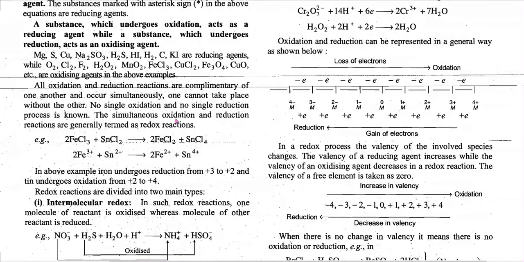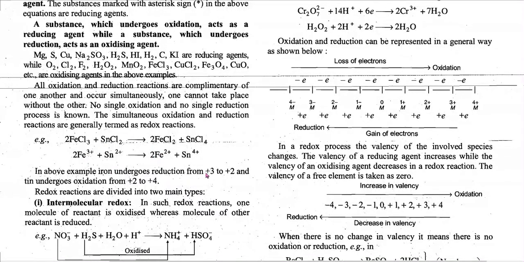The simultaneous oxidation and reduction reactions are generally termed redox reactions. Here in this reaction, this is a molecular form. If we write it in ionic form, we can write it as Fe3+ and Sn2+, Fe2+ and Sn4+. In this example, you can see that Fe3+ is getting converted into Fe2+.